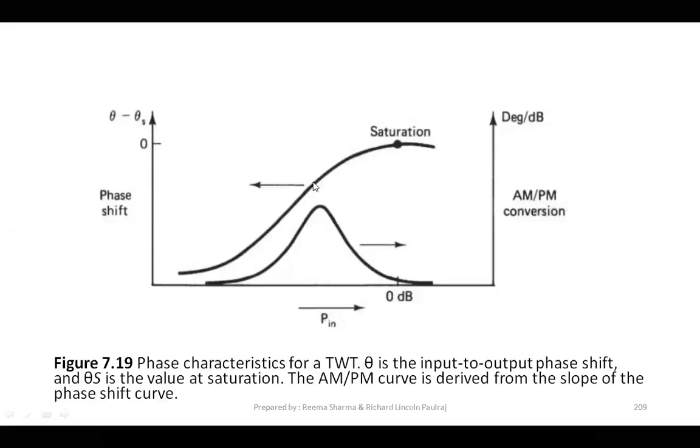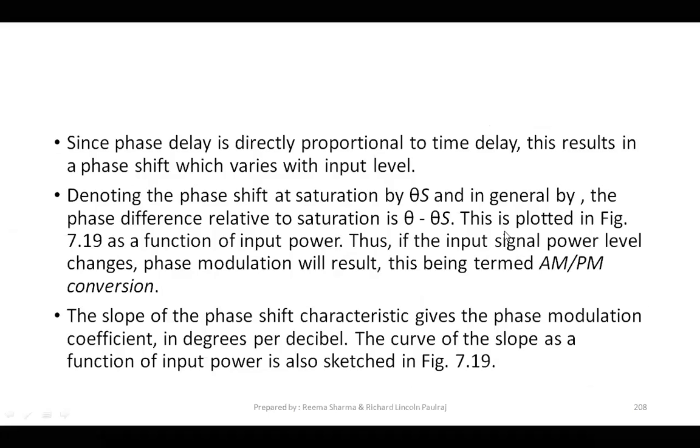This is the same graph, with reference to degrees per decibel, showing how much change is happening, and we will be using this for our AM to PM conversion. So this is plotted. Thus, if the input signal power level changes, phase modulation will also result. So this is nothing but your amplitude modulation and your phase modulation.